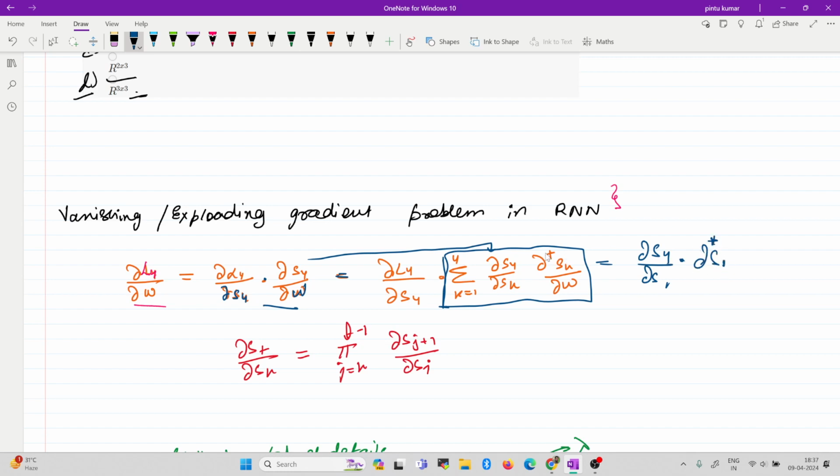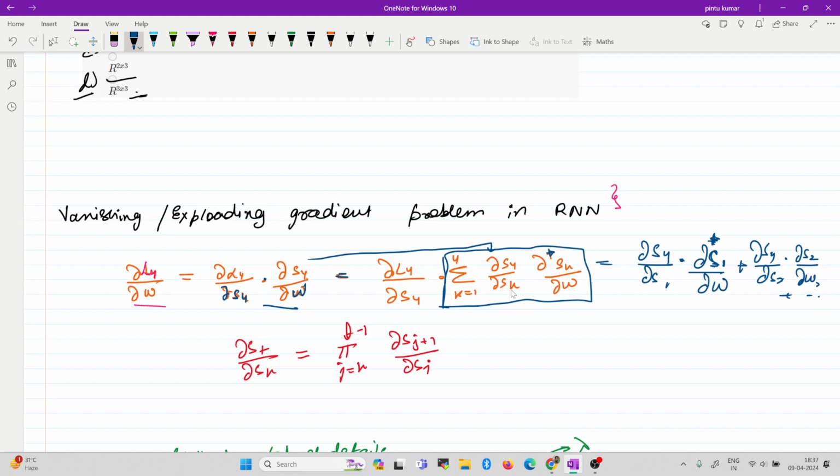What this means is that when you are calculating the partial derivative, you treat S1 as a constant term. Plus del S4 by del S2 into del S2 by del W, and so on. So you will have these kinds of summations.